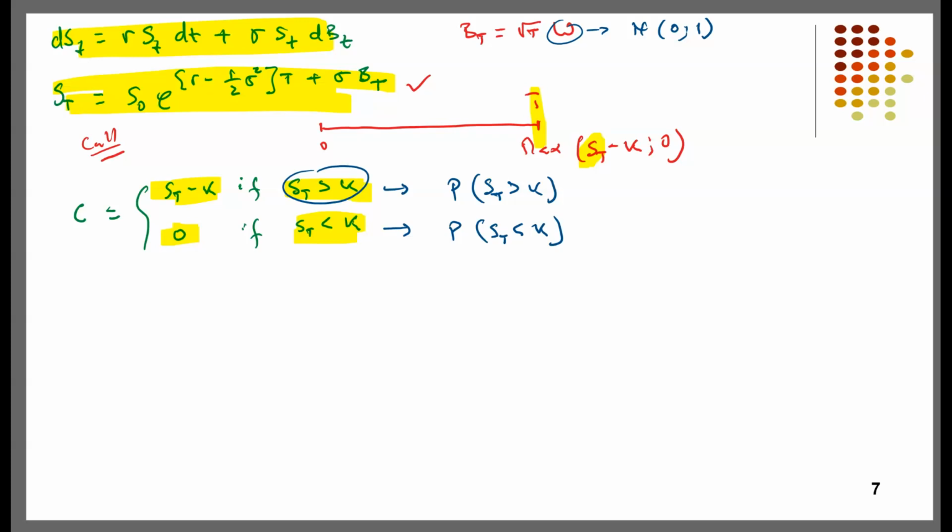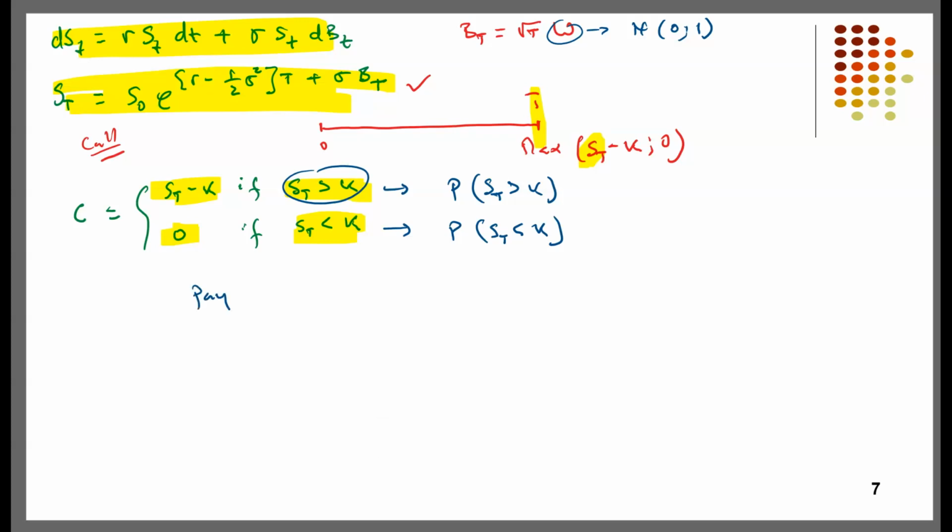So what is our payoff? We have the probabilities and we have the outcome, so our payoff at time t is going to be a weighted average of these values, right? So what we're essentially going to have is the following.